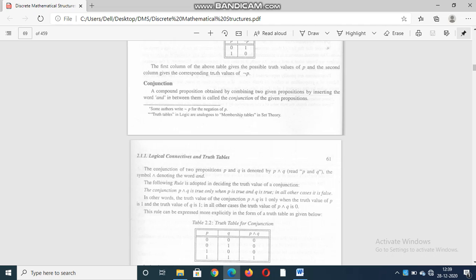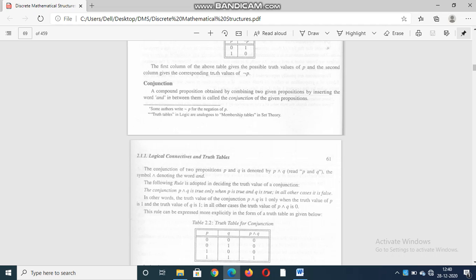So once you are writing the conjunction, you are combining these two elements. If both are pass, then only it is pass. In all remaining conditions, it is fail. In the sense, both elements' values are 1, then only your output value is 1.